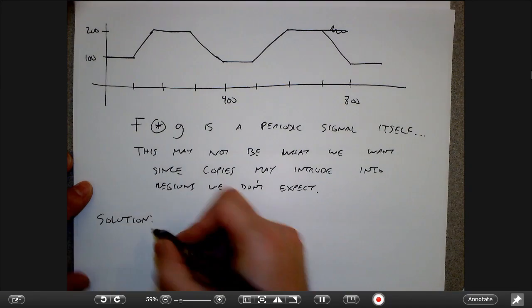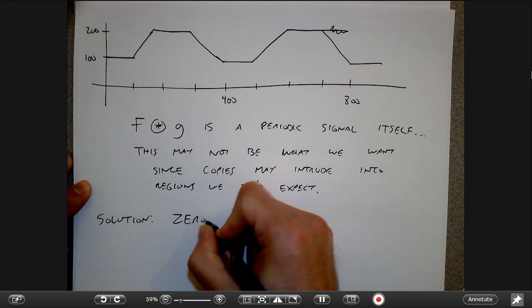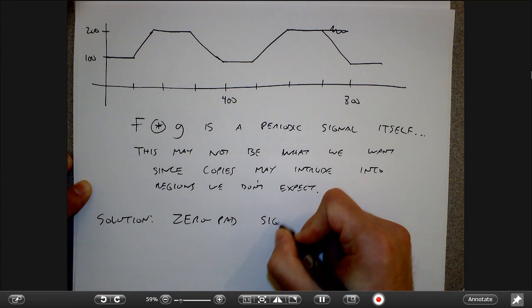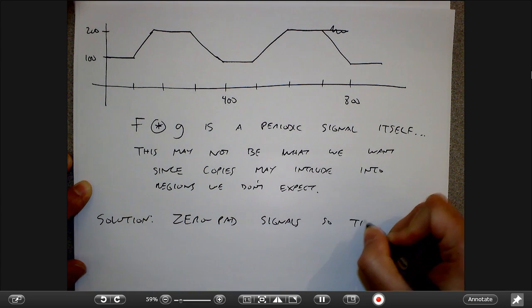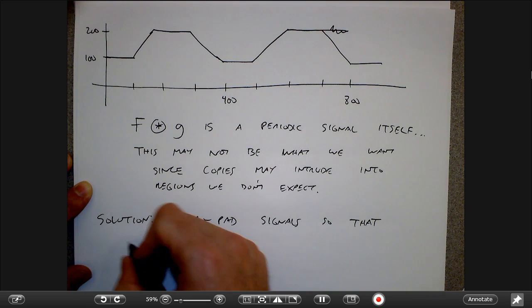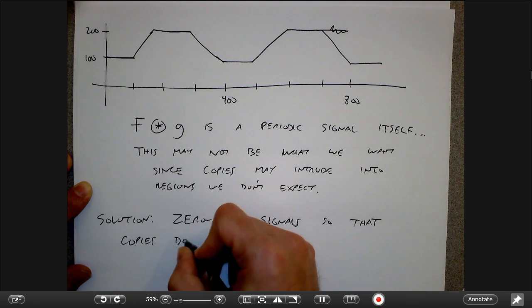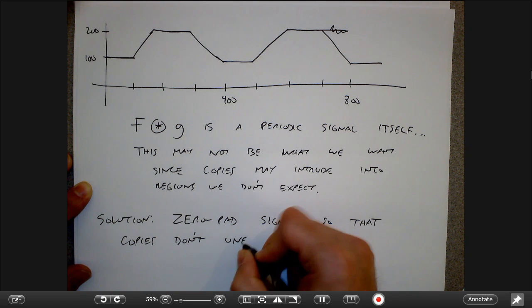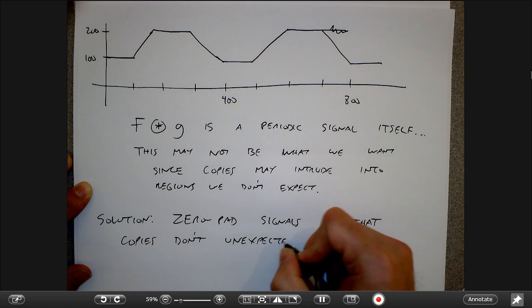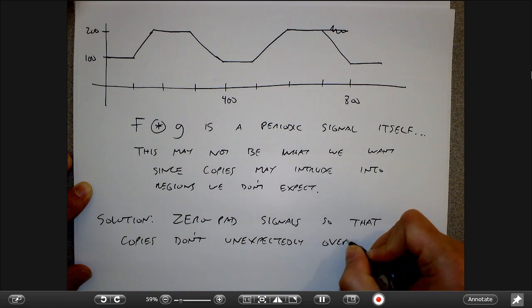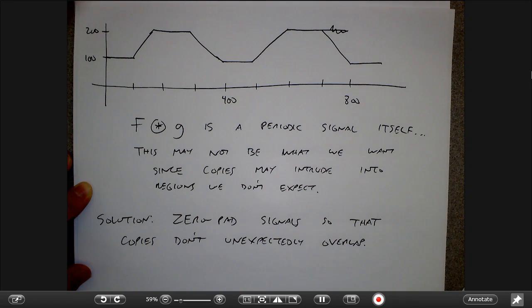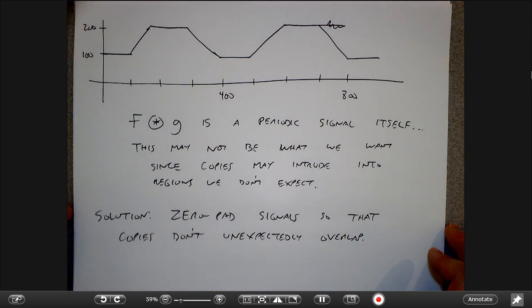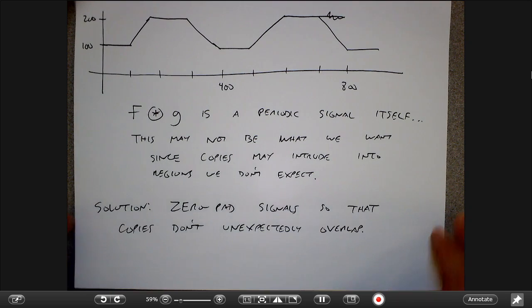And so the solution to these problems is zero padding signals so that copies don't unexpectedly overlap. And again, this is really an issue if you are implementing your own convolution algorithm, your own FFT algorithm in Matlab or in a circuit. You have to be aware of this issue.